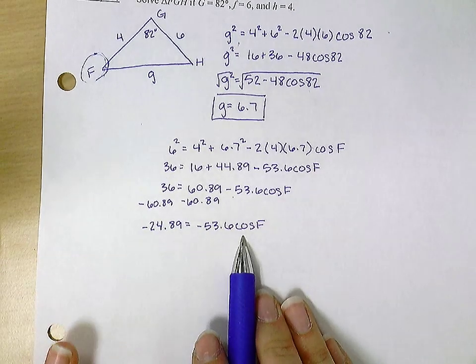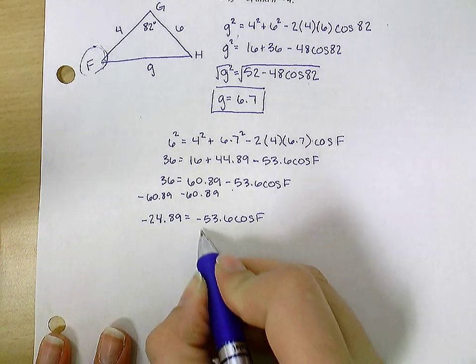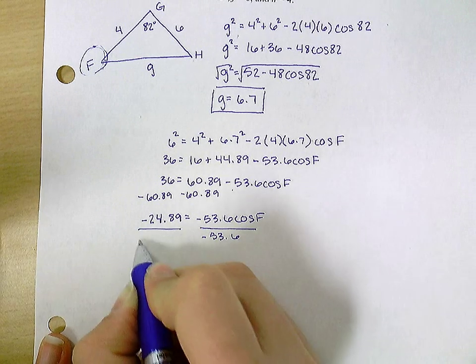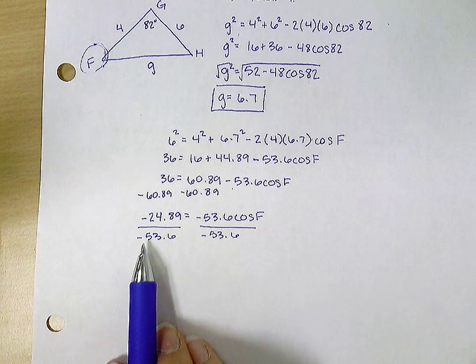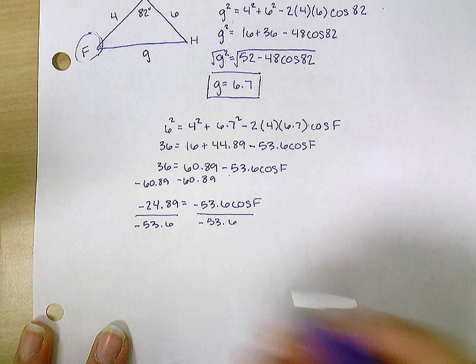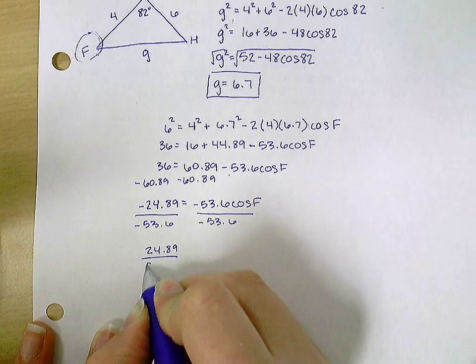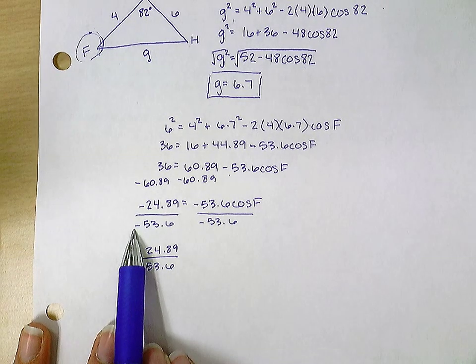I'm still trying to get cosine of F by itself, so what should I do? Divide by 53.6. Now you can divide these and get a decimal. I'm fine with that, but I'm going to leave mine as a fraction. Okay, so if I have a negative divided by a negative, it is a positive.